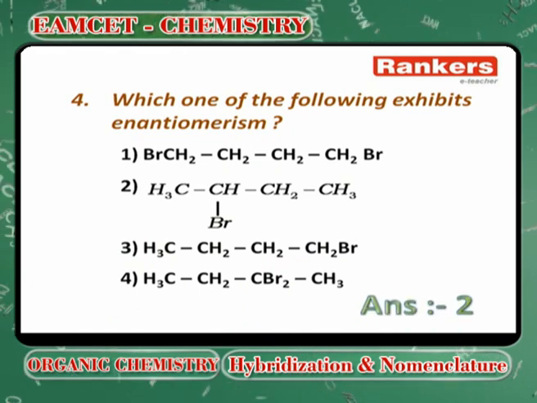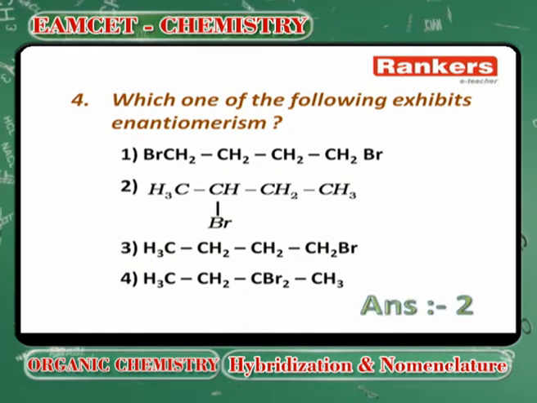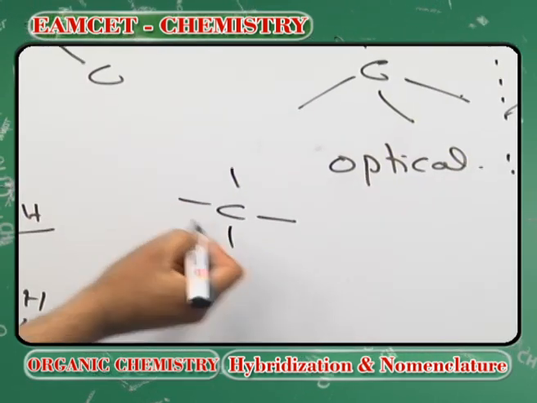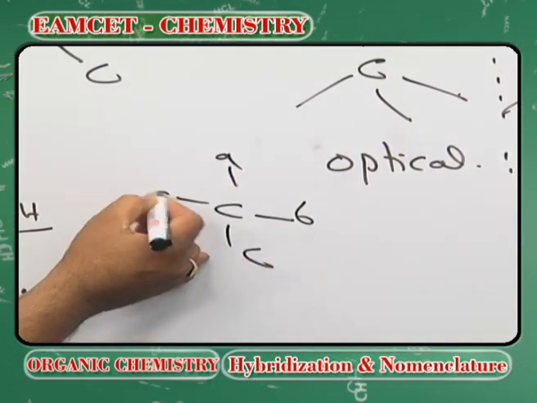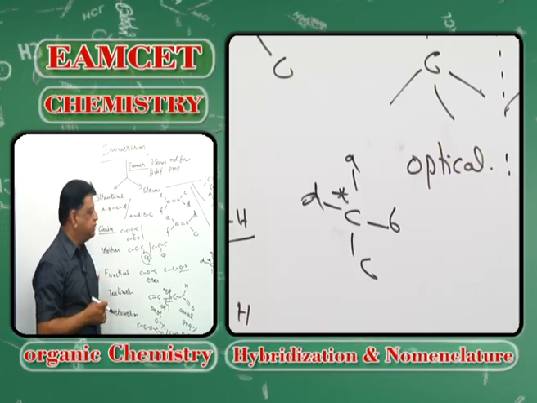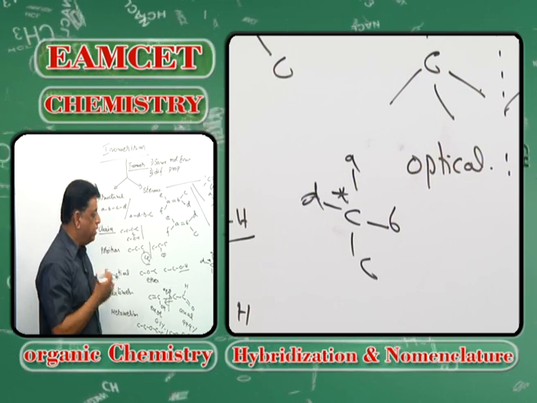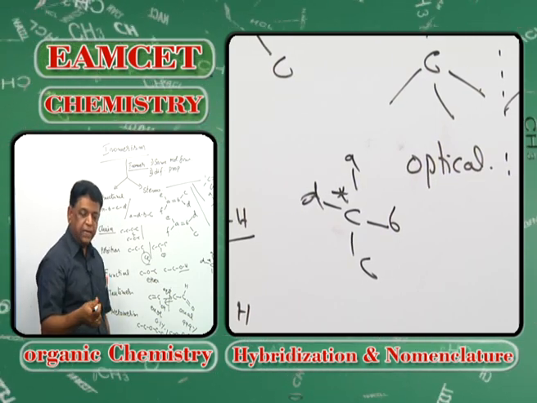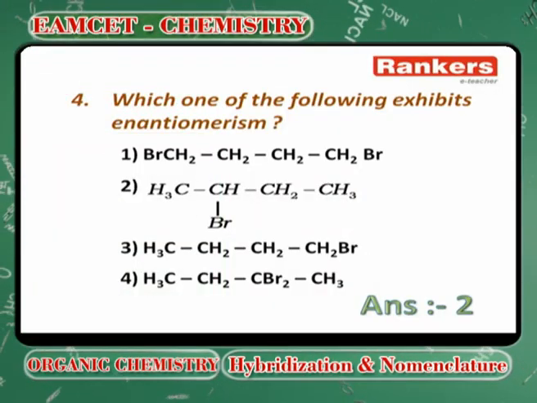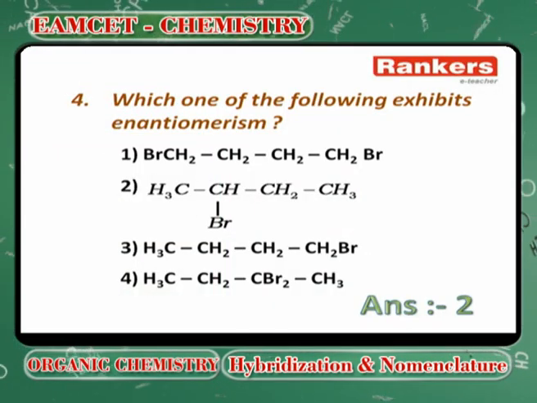which of the following exhibits enantiomerism? Enantiomerism means a carbon which has 4 different groups like A, B, C, D. Then this carbon is said to be a chiral carbon, which is responsible for creating the non-superimposable mirror image. See the second answer, at the second carbon we have hydrogen, bromine, methyl and ethyl.